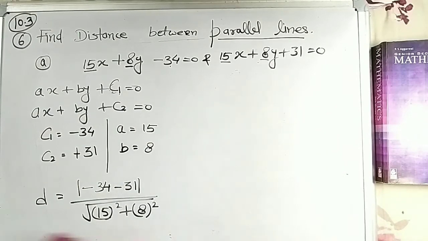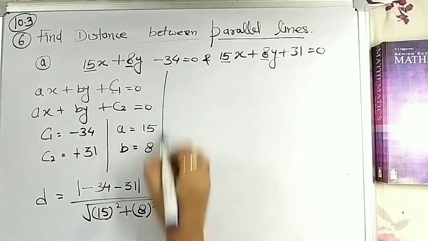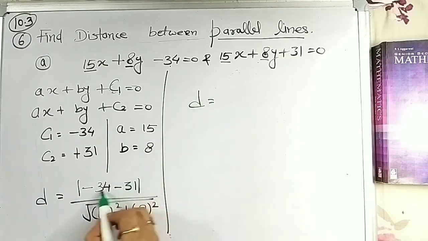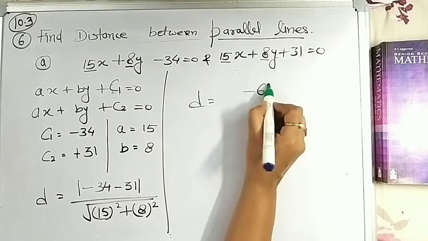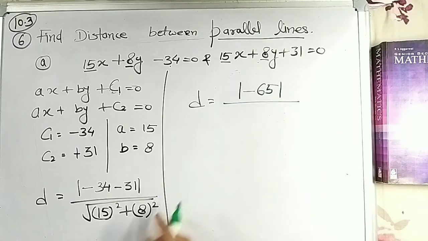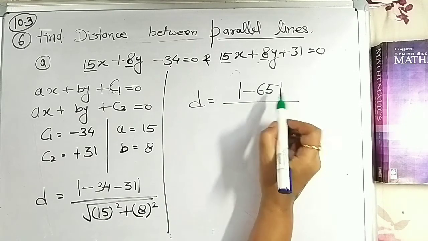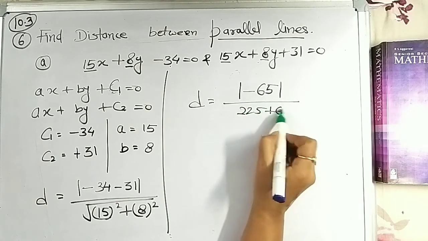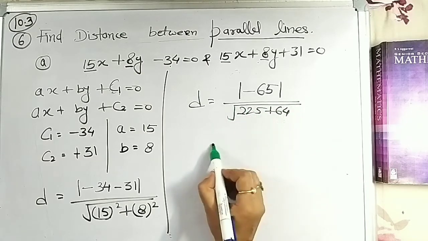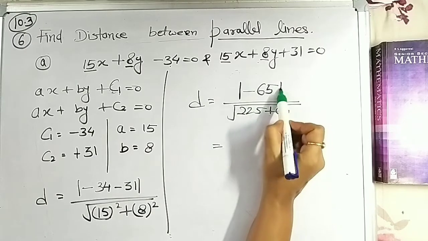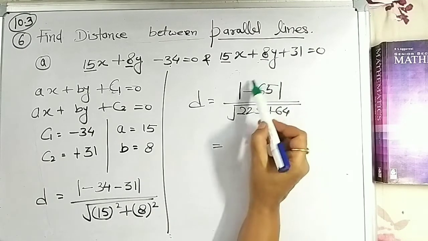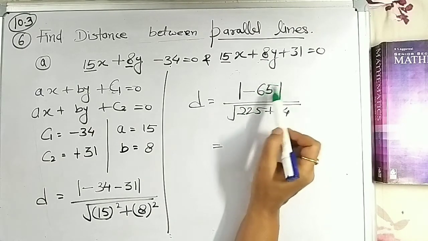So now what is d here? d will be, this value is nothing but minus 65 mod, by this square plus this square, guys, 225 plus 64 under root. Now if I want to get rid of this mod, if the inside quantity is positive, then it simply comes out.